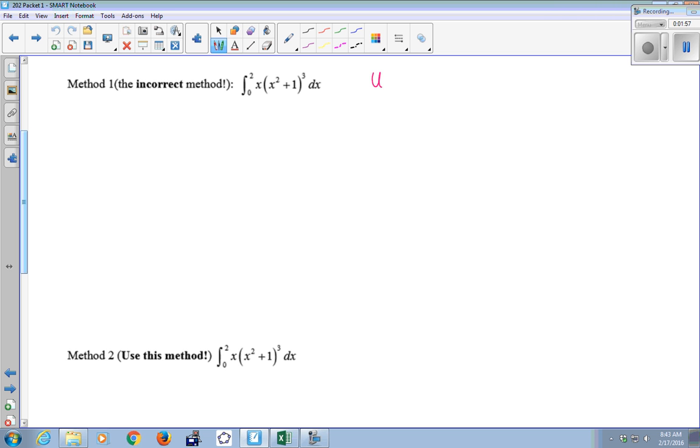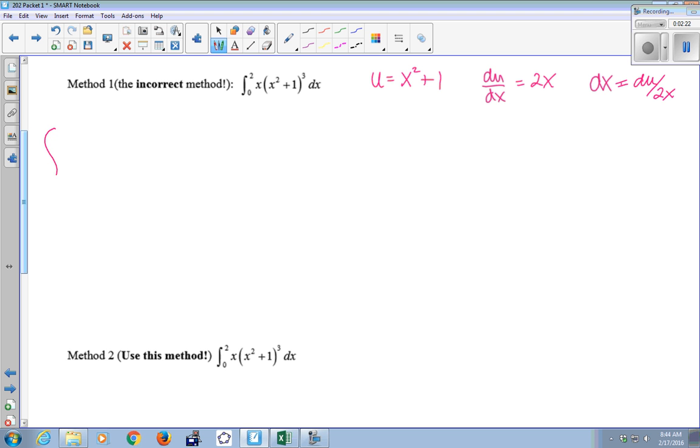Okay, so I'm going to let U be x squared plus 1, which means du dx is 2x, which means if you treat du dx like a fraction and solve for dx, you get dx is du over 2x. All right, so now I'm going to go ahead and make all my substitutions.